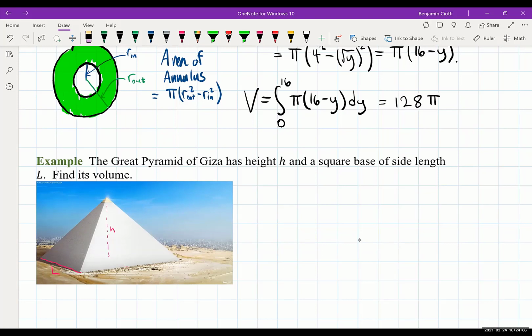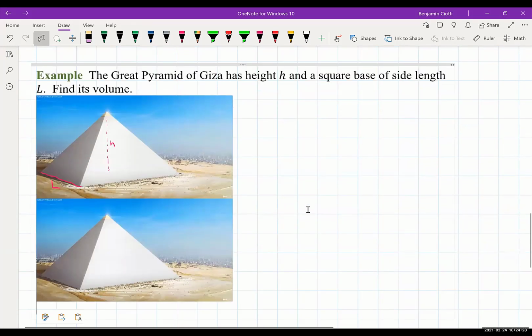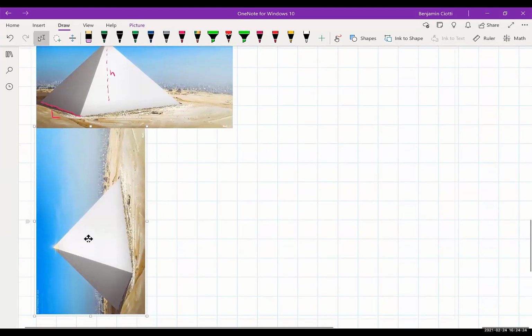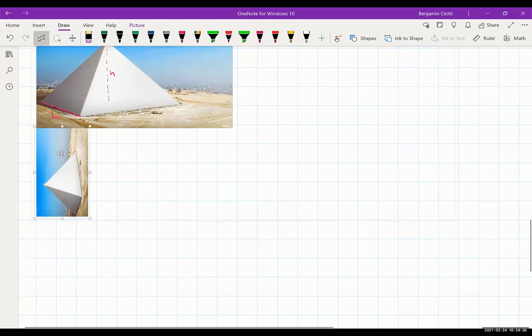In order to find its volume, I think it's going to be a little bit easier if I turn it on its side. This is not necessary. For finding volumes of pyramids, there are many different ways you could do this. I'm just going to show you one way.